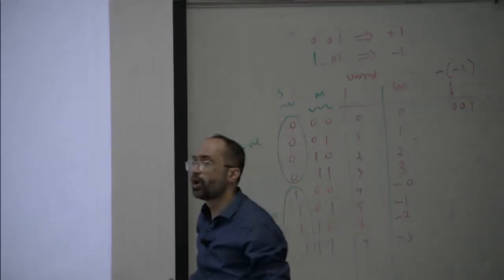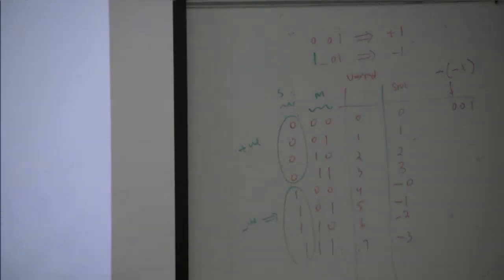Got it? So whenever you are changing a positive number to a negative number, what will you do? Invert the sign bit. It is vice versa when you have a negative number and want to convert it into a positive number. Got it? Should we proceed?